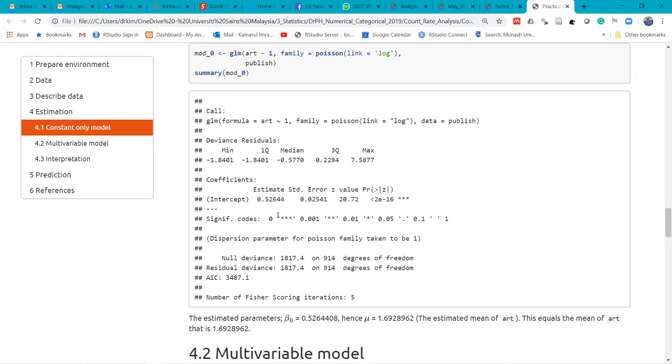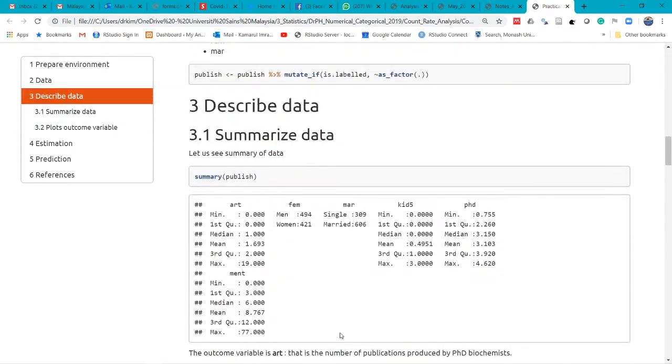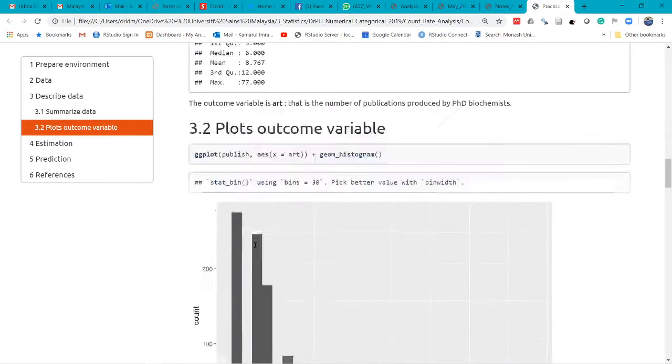Since the value of beta naught equals 0.52, when you exponentiate it, you'll get 1.69. So that's basically the average number of articles, which is similar to the mean, 1.693.